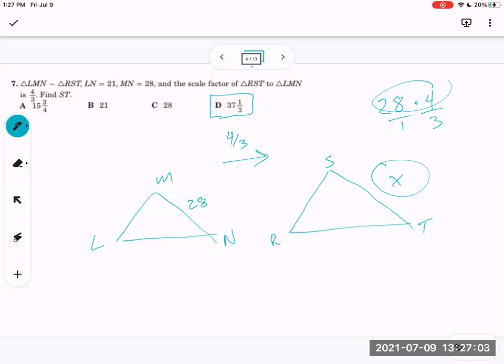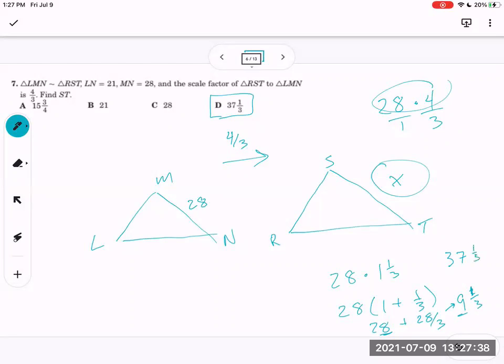Because 4/3 is 1 1/3, so I could think of it as 28 times 1 plus 1/3, which is 28 plus 28/3. 3 goes into 28 9 times with 1 left over. 28 plus 9 is 37.